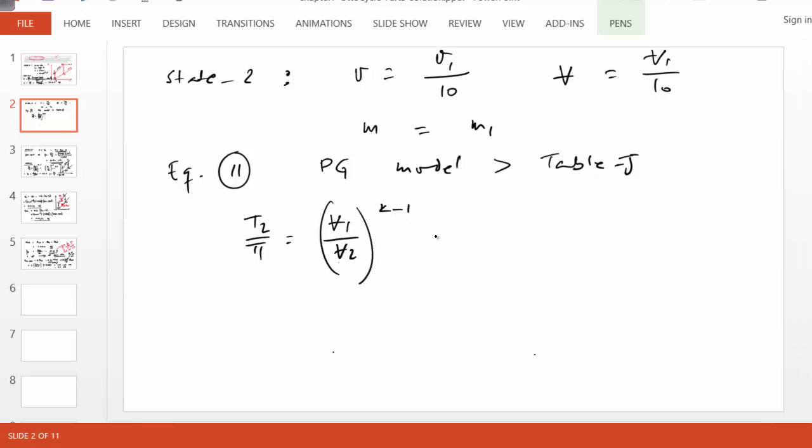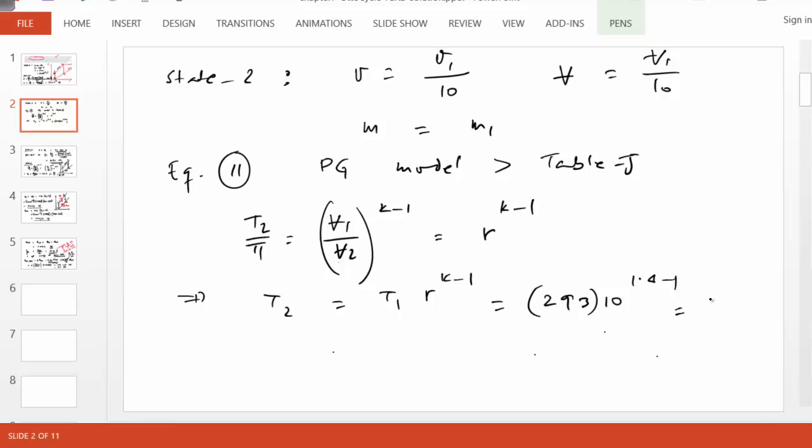And V1 over V2 is nothing but r, the volumetric compression ratio. That immediately gives us T2, which equals T1 times r to the k minus 1, and substituting the values, we obtain T2 to be 736 Kelvin.